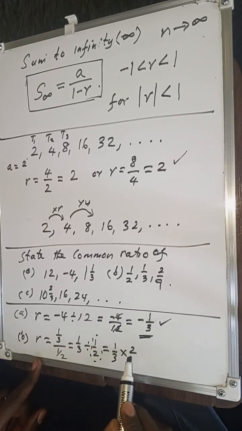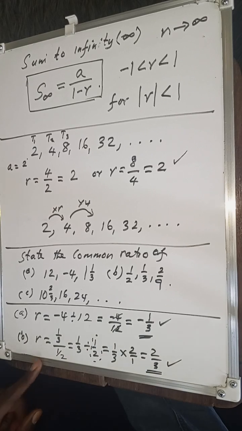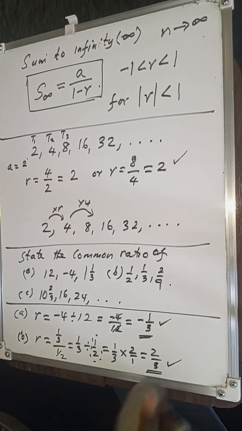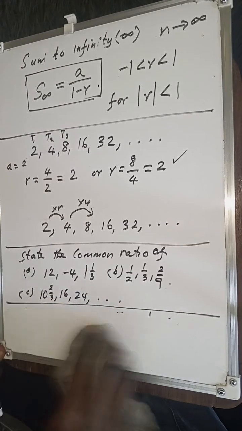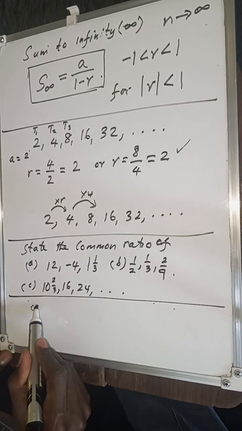So it is going to be 2 over 1. So 1 times 2 is 2, and 3 times 1 gives you 3. So the common ratio is simply 2 over 3. So there's nothing complicated. You just need to practice. All right. Let's look at C there.